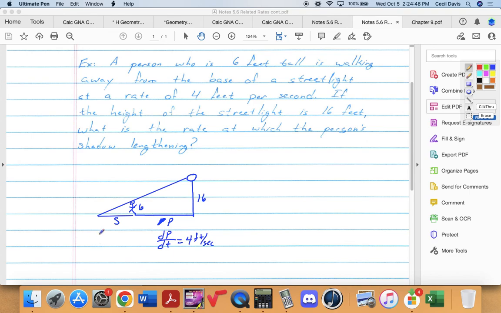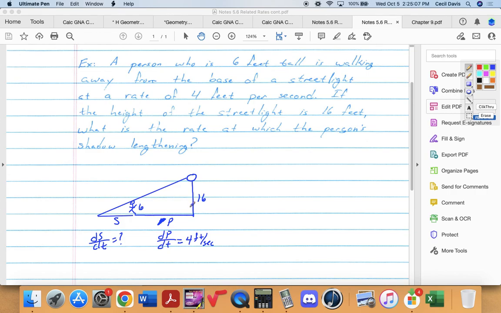And we want to know just at what rate is the person's shadow lengthening. And notice it doesn't give you a specific time. Well, that's kind of interesting. Let's see if we can find out what's going on here.